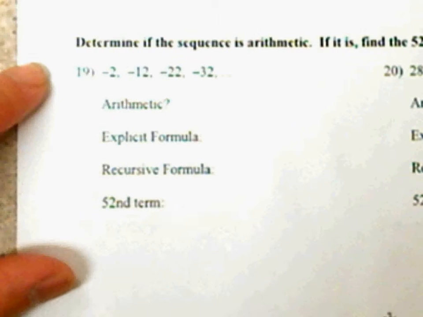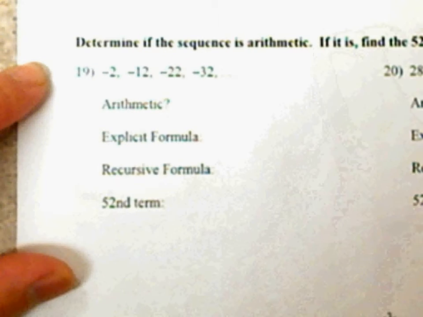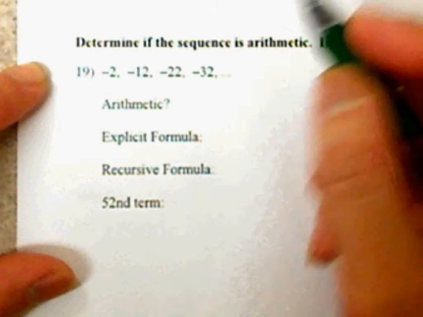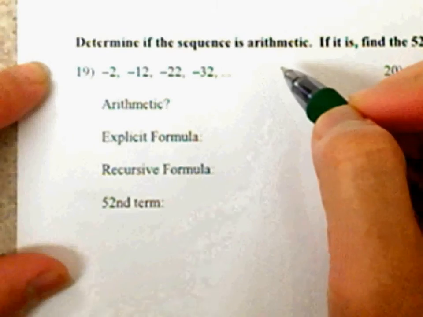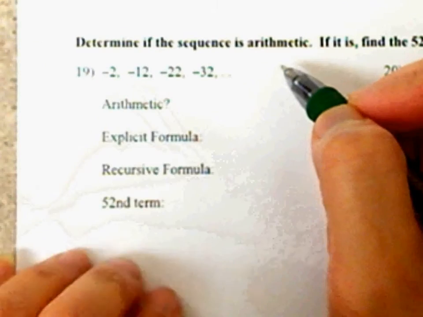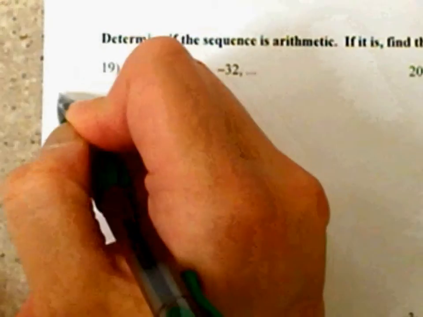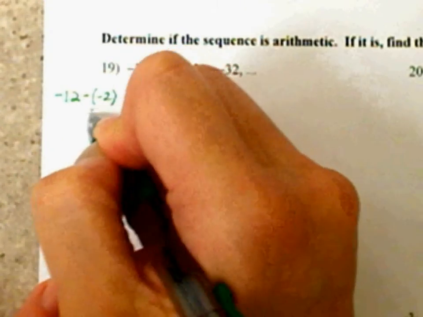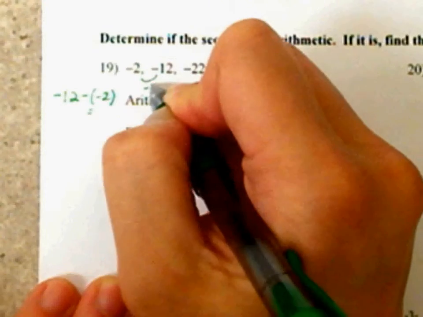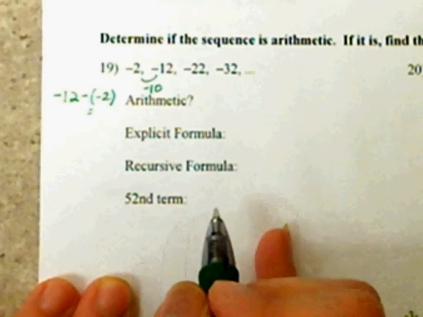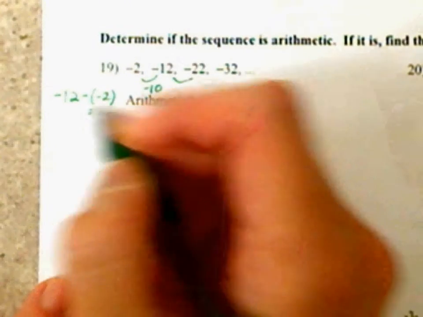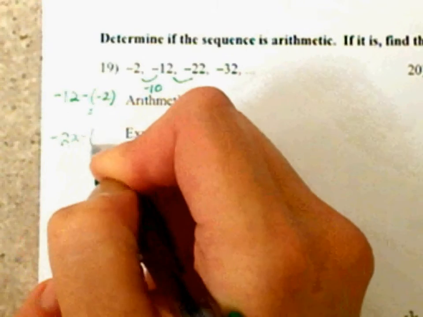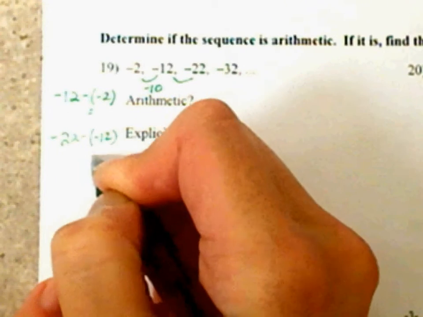What you want to do regarding arithmetic is you always want to take the second number minus the first. So if you go negative 12 minus negative 2, that gives you negative 10, okay? Do it again right here. Negative 22 minus negative 12, that gives you negative 10.